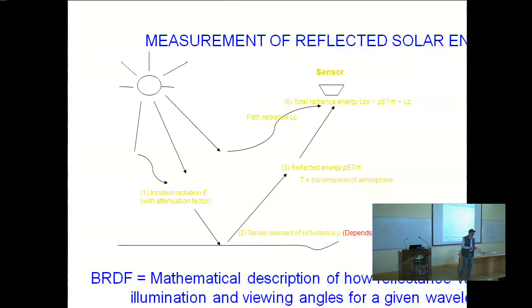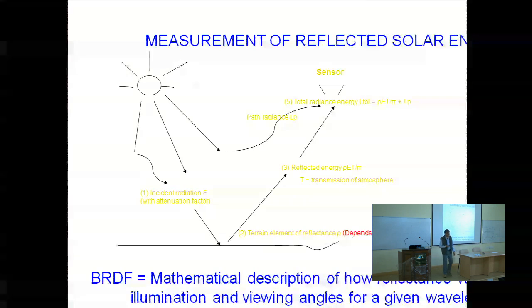However, the reflection is not isotropic. It will depend upon the solar radiation angle and the orientation of the surface. Some of these issues we will discuss when I give the exercise day after tomorrow. So it will depend upon numerous things, and this is called the bidirectional reflective function.